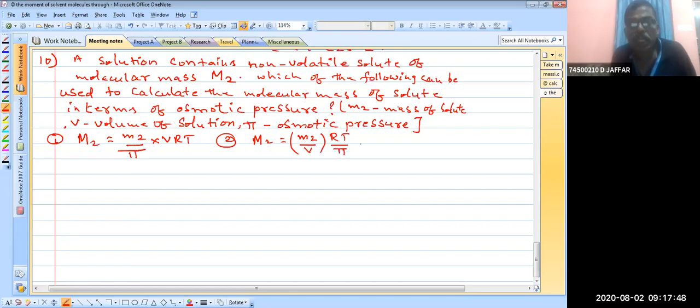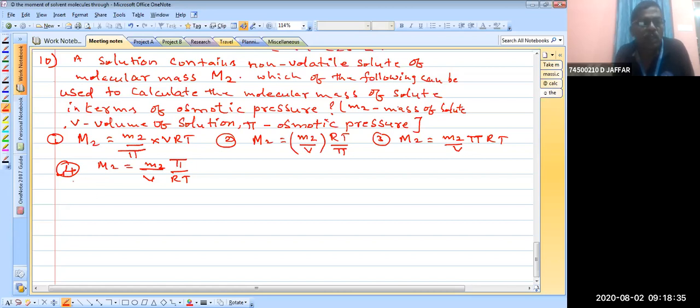Next, option 3, capital M2 is equal to small m2 divided by V into πRT. Next, fourth option, capital M2 is equal to small m2 divided by V into π by RT, right?